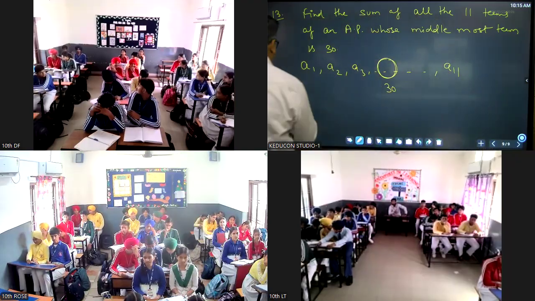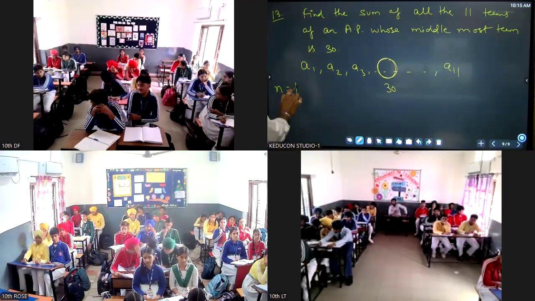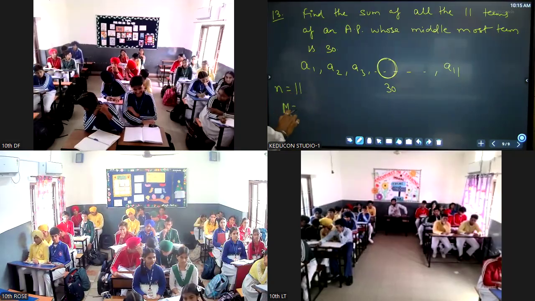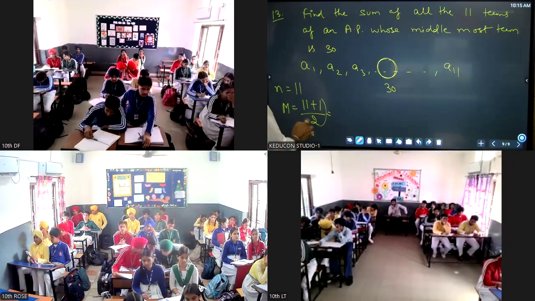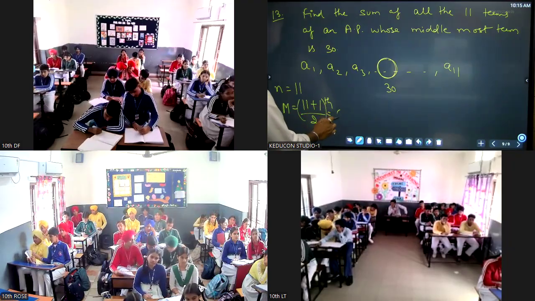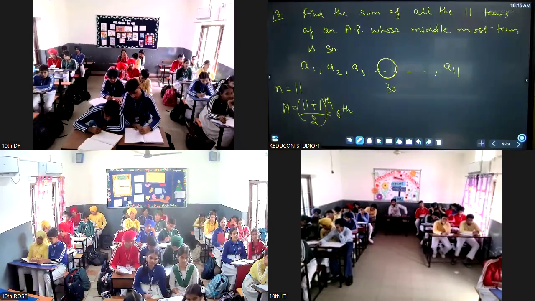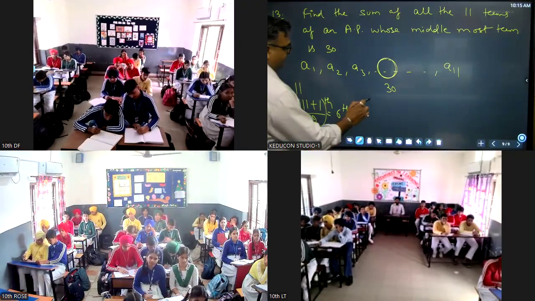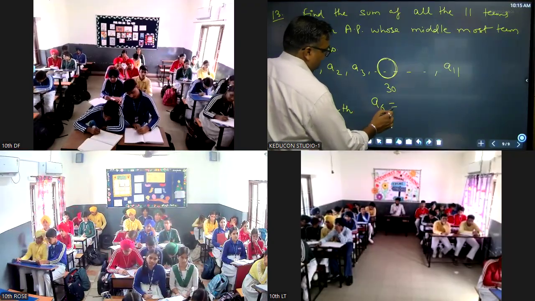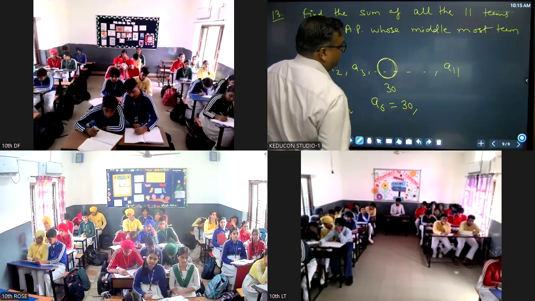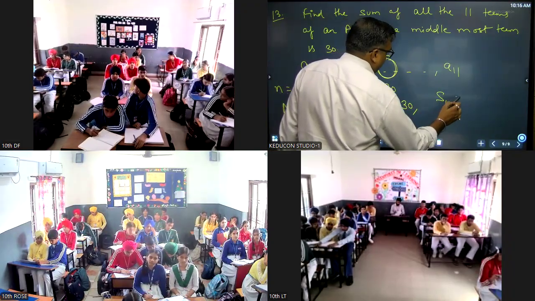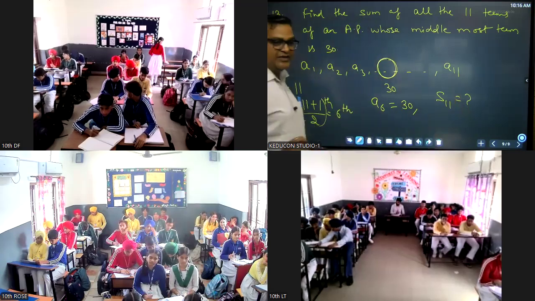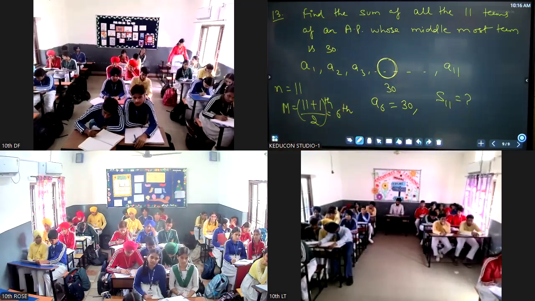How? When n is 11, what is the formula for the median, beta? N plus 1 by 2, means 6th term. So the 6th term will be the middlemost term. Now it is given the 6th term is 30. What do you have to find? You have to find the sum of the terms. Have two things become clear till here, children?